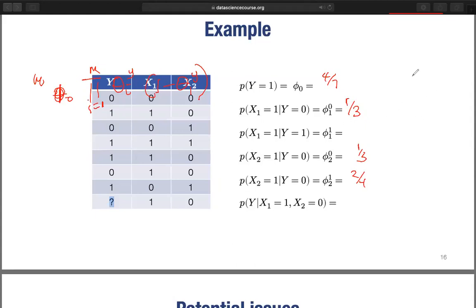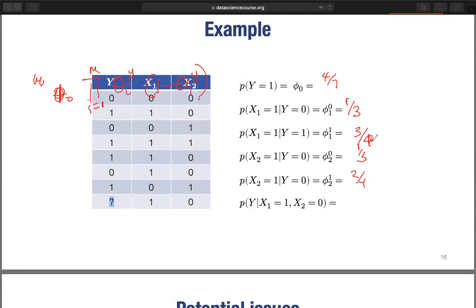Can someone remind me? The second one is 1/3. Then the third one is 2/4. 3/4, okay, 3/4.